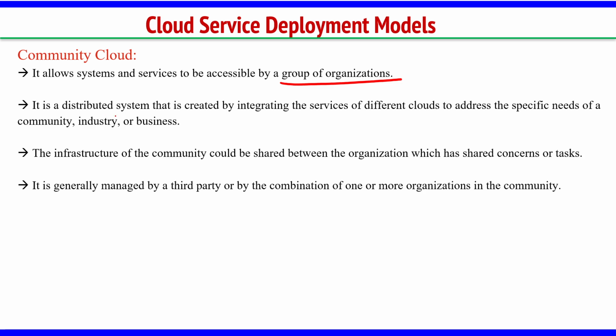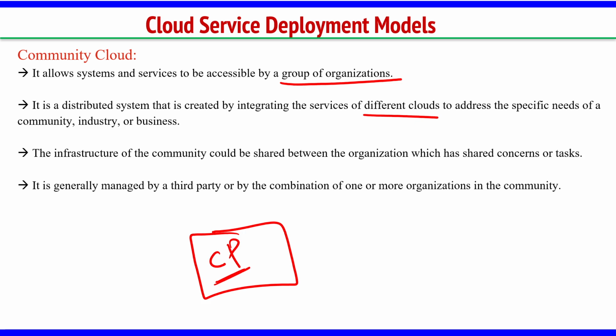So it's a distributed system that is created by integrating the services of different clouds to address specific needs. Okay, in community cloud, multiple organizations are forming a group together, and they are trying to access the services. Okay, so it means people are creating the cloud.